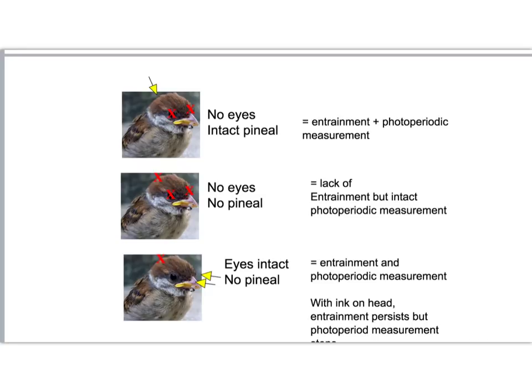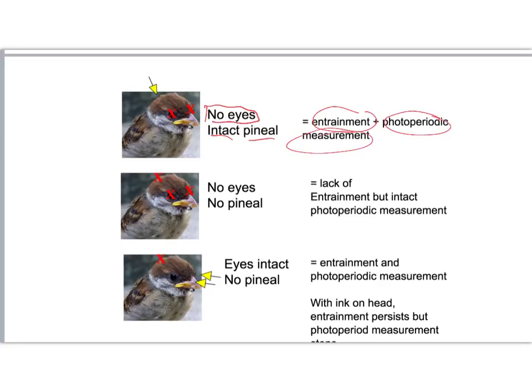For instance, if you remove the eyes but you have an intact pineal, it turns out the pineal in the sparrow is not only a clock but also has photoreceptors itself. You get entrainment and normal photoperiodic measurement.